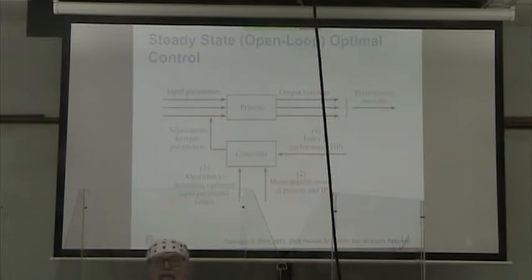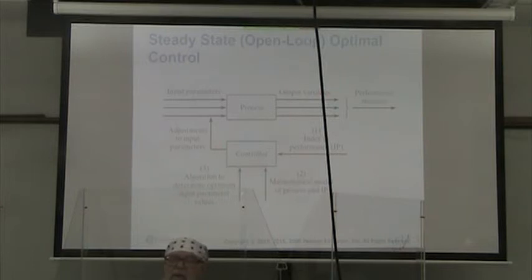In this case, we have our input parameters into our process, output variables that add up to a performance measure. Our controller does not measure the output variables. It adjusts the input variables, input parameters, excuse me.